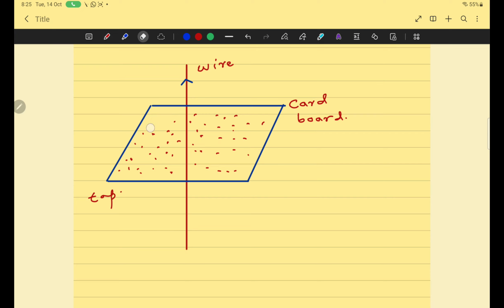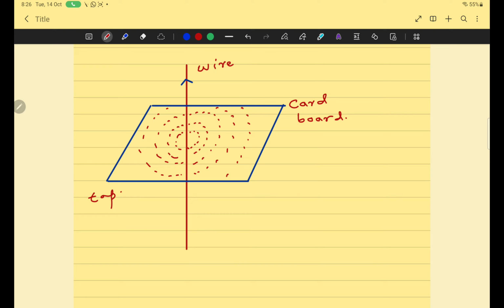As you tap this cardboard, these iron filings are arranged in a certain pattern. I can show you a picture from the internet, a beautiful pattern formed in a circular shape.